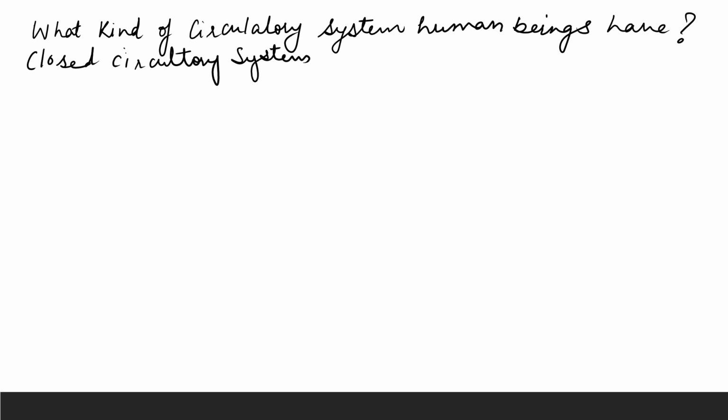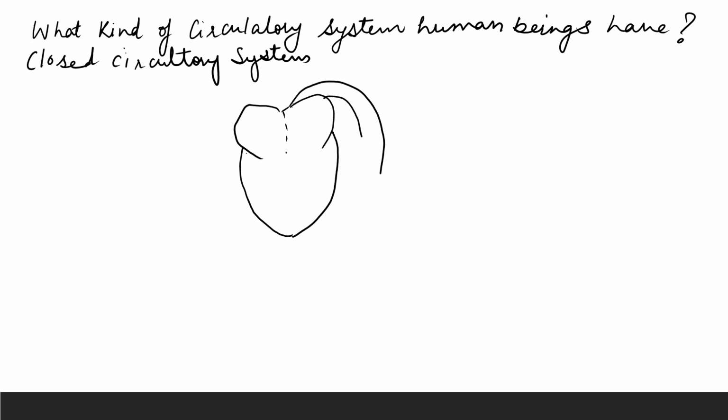So let me draw a heart. Let's say this is a heart, a human heart. These are the atria I'm trying to draw, and this is a ventricle. Now let's say one blood vessel, the aorta, is coming out of the heart and it contains blood, and this aorta is going into some organ, right?